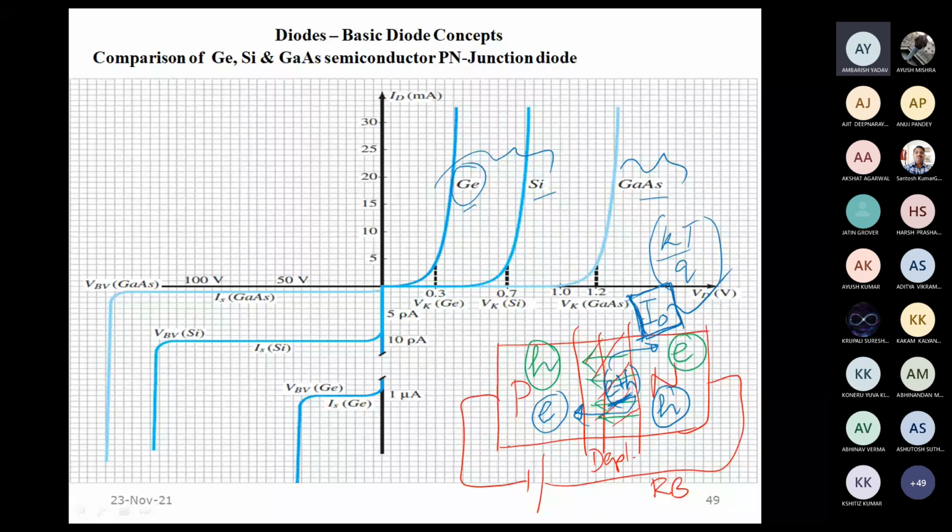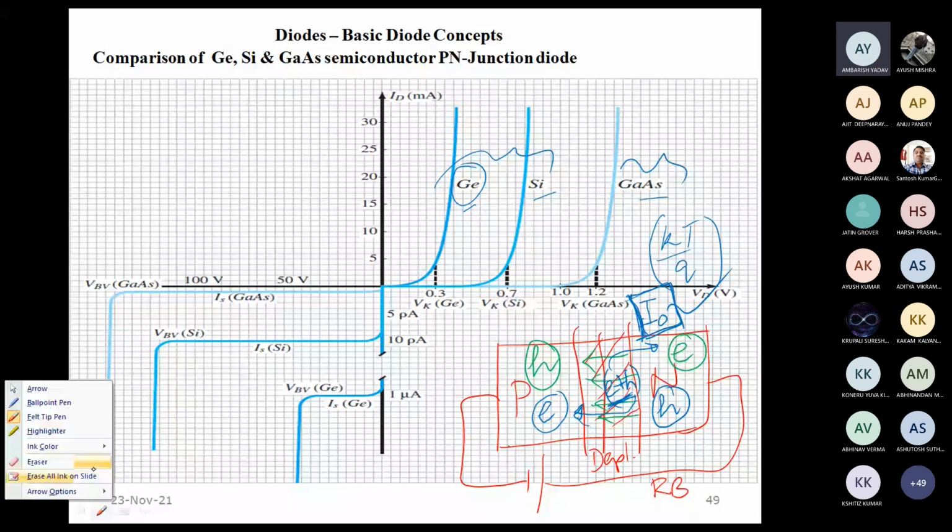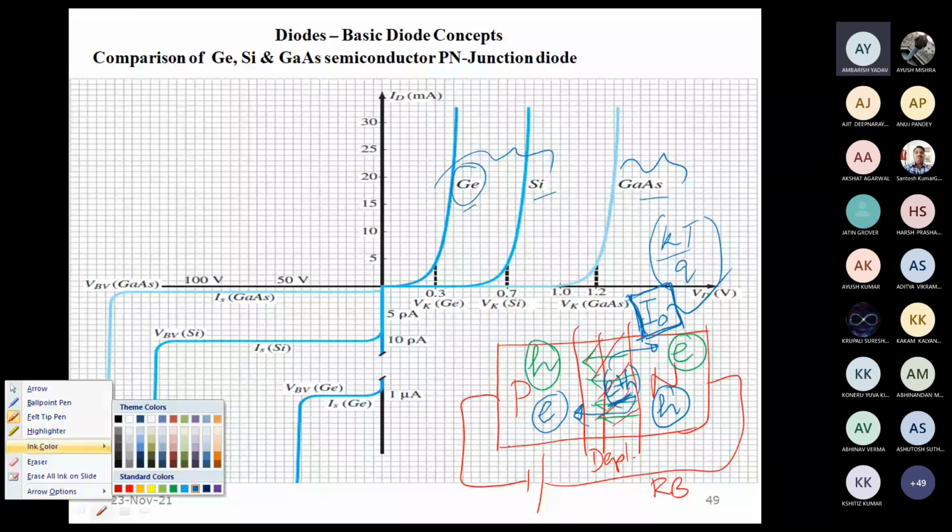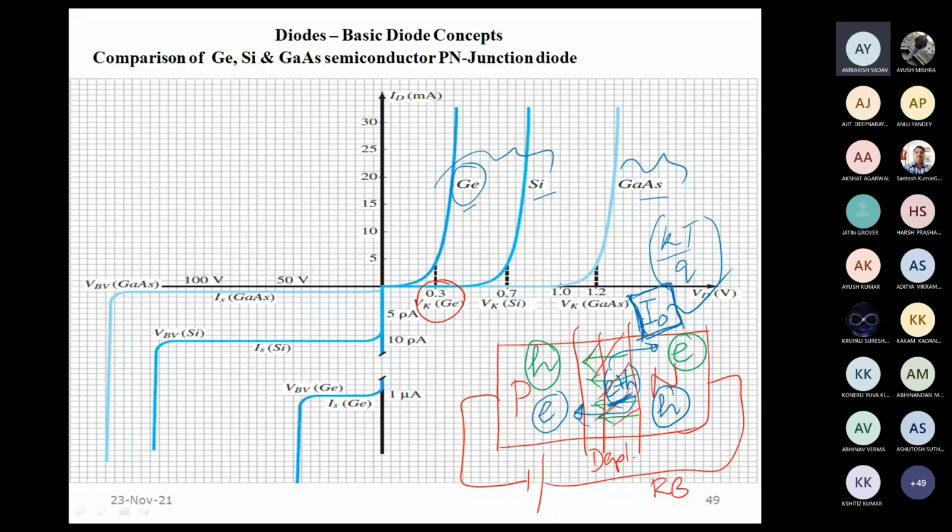One thing which is very clear here is that for germanium, the so-called knee voltage or potential barrier is 0.3 volt, the least. Silicon has a knee voltage of 0.7 volt, and gallium arsenide is the largest, 1.2.